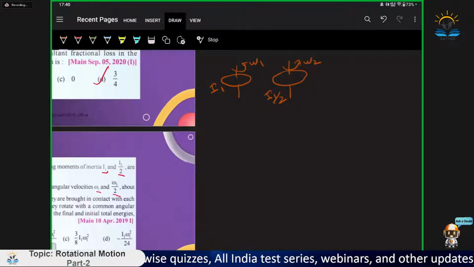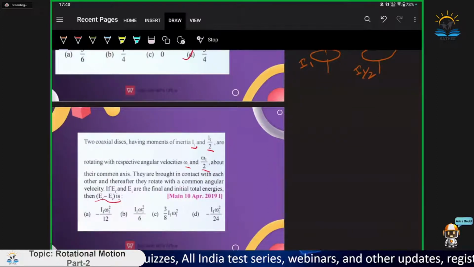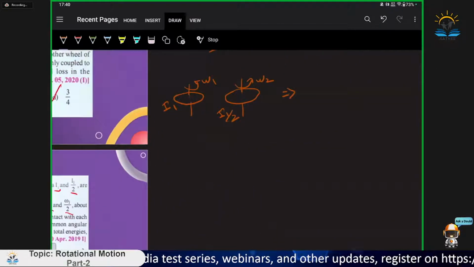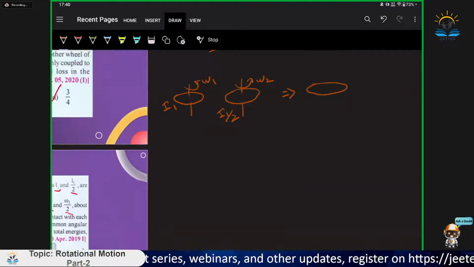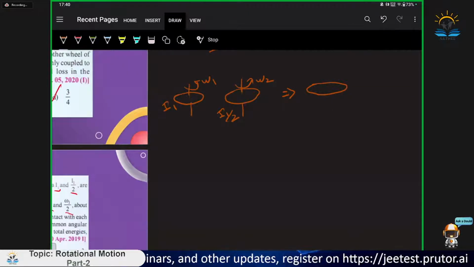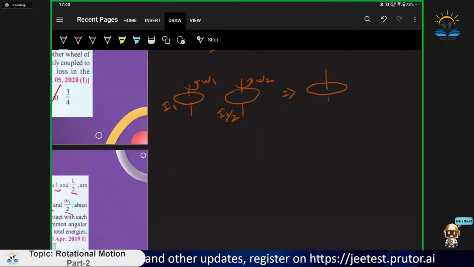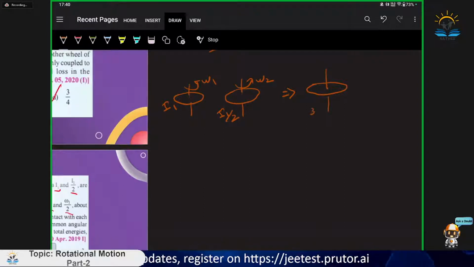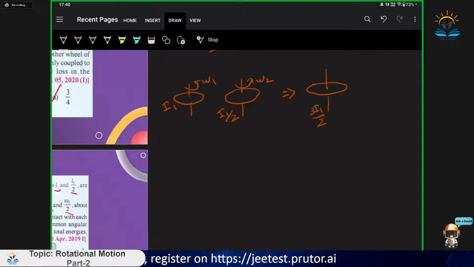Next, what are they doing? These both coaxial disks are brought in contact. So the final condition: the moment of inertia will be I1 plus I1 by 2, that is 3 I1 by 2. It will rotate with some angular velocity omega.